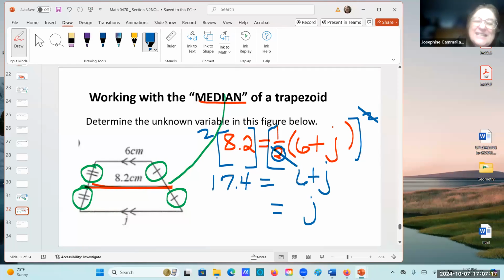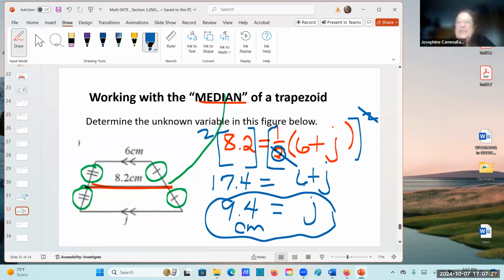J has got to be 9.4, and it's centimeters. Do you see how I multiplied both sides by 2? I multiplied both terms. The 1/2 with the parentheses next to it is a term.